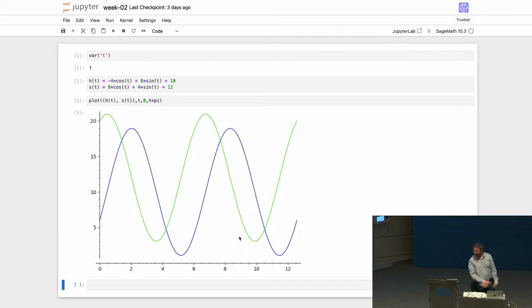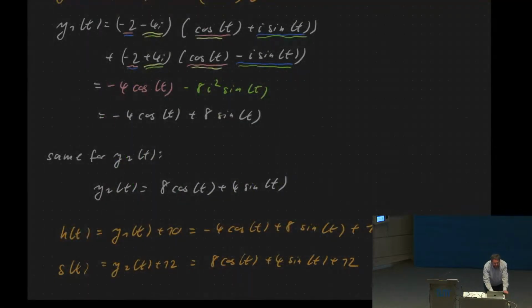All right, any questions about that? That doesn't seem to be the case. Maybe let's have a brief look at tweetback, see if there are any major questions there.